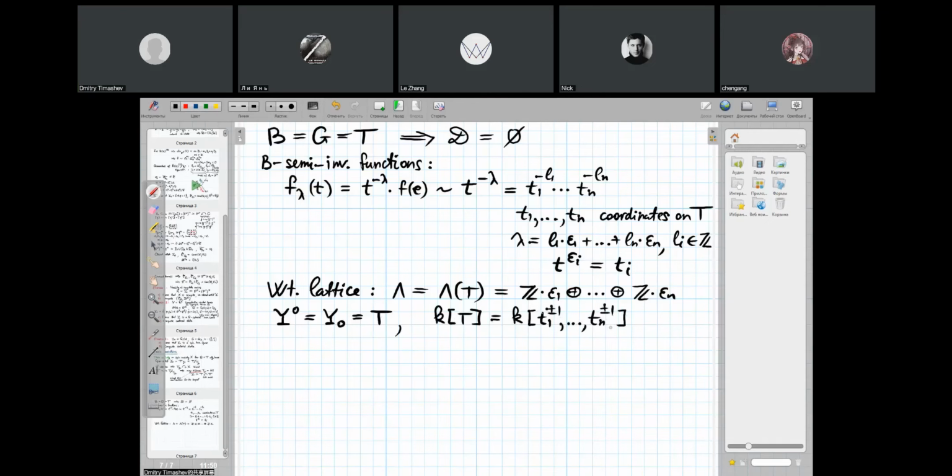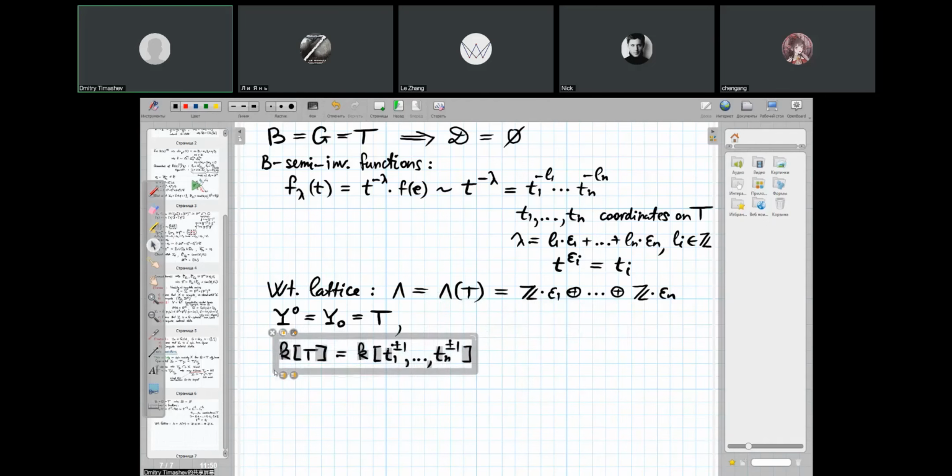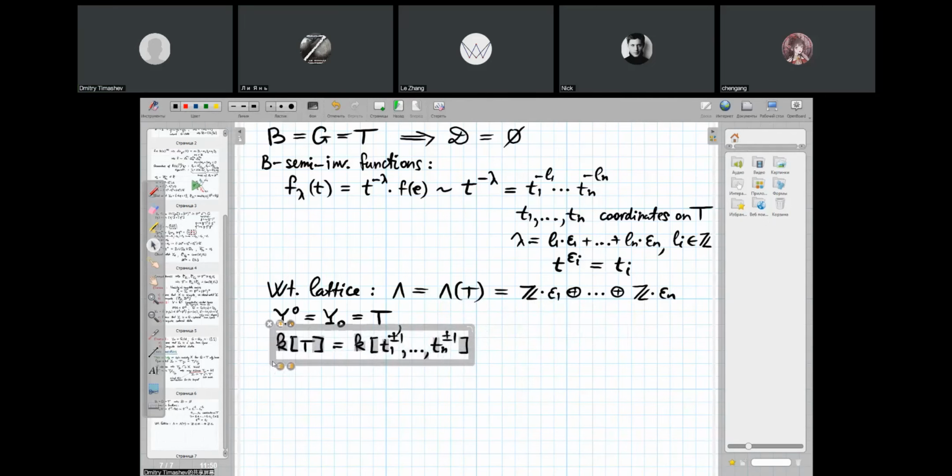This ring can also be written as the direct sum of one-dimensional subspaces spanned by all semi-invariant functions, where lambda ranges over the weight lattice.